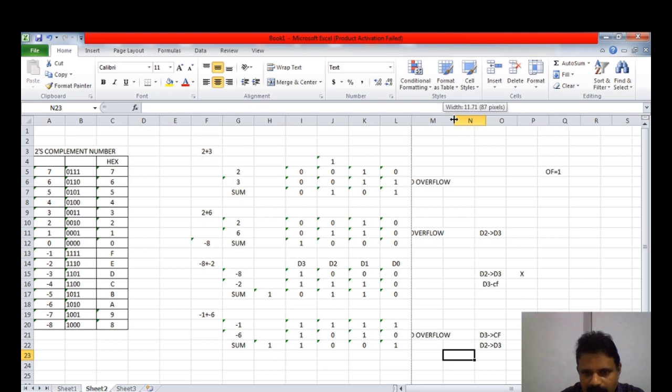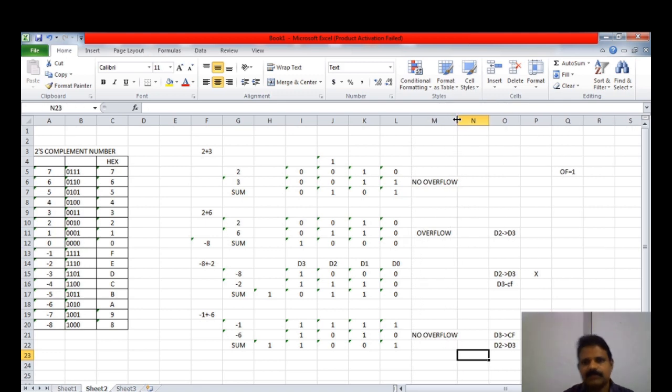Then how do we say when OF equal to 1, that is, the overflow flag will set? It depends on a flow of carry from D2 to D3 and D3 to carry, isn't it? The setting and resetting of the overflow flag depends on a flow of carry from D2 to D3 as well as D3 to carry.